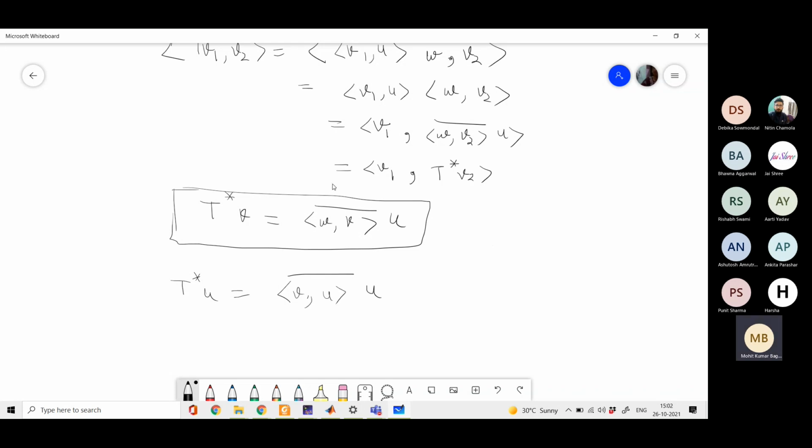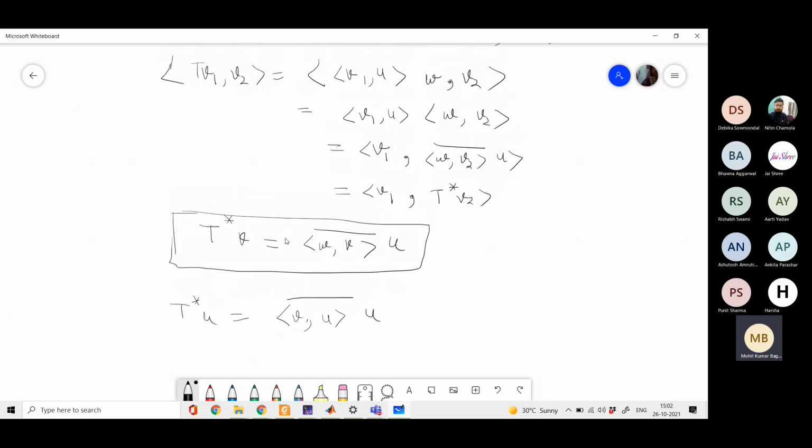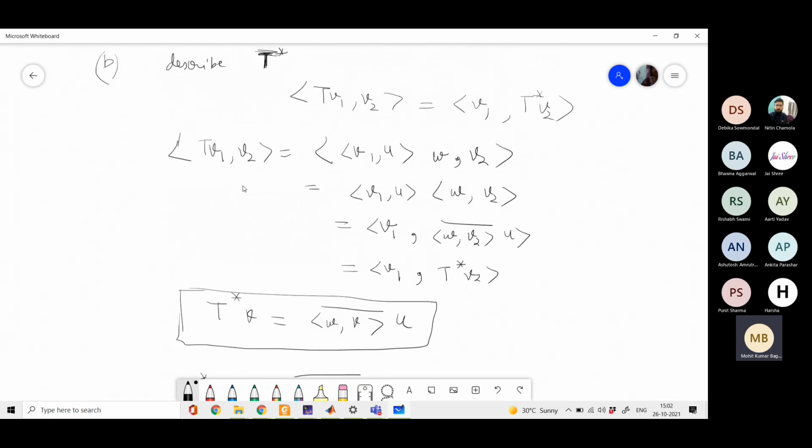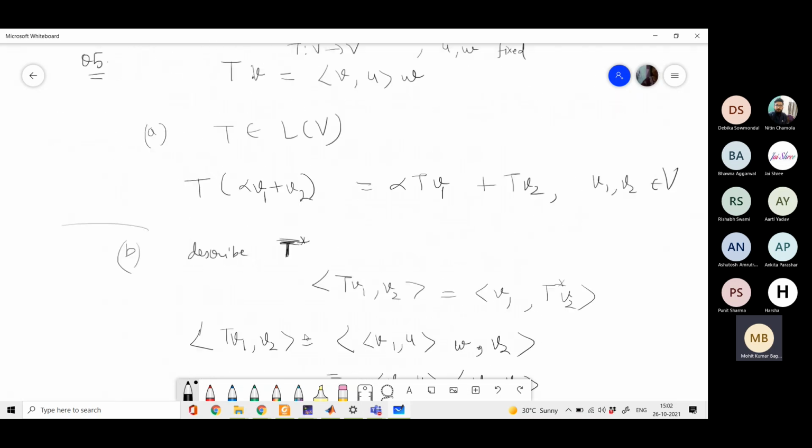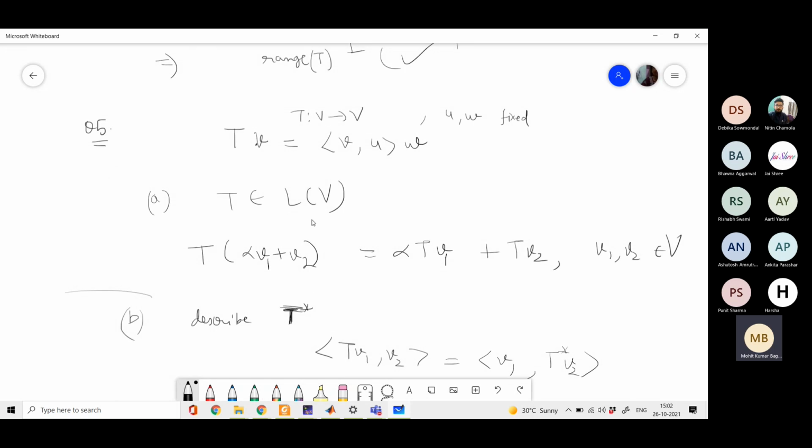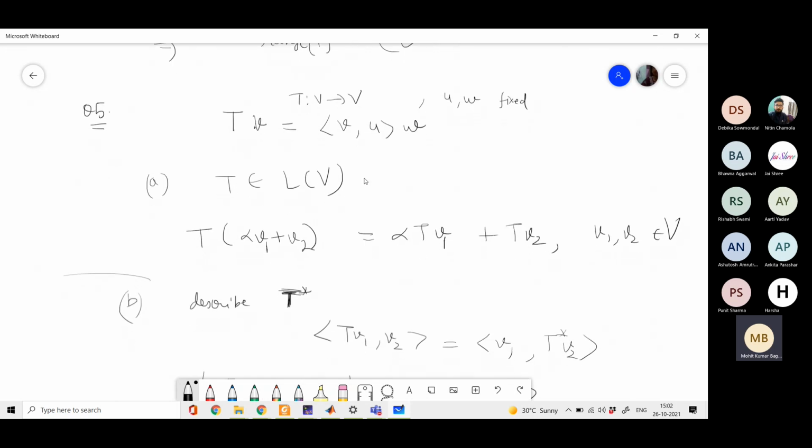See, I have written here: let's say V1, V2 are two vectors. We started with T of V1, V2, and we apply T because T is defined this way: V maps to the inner product of V with U, times W, where U and W are fixed.